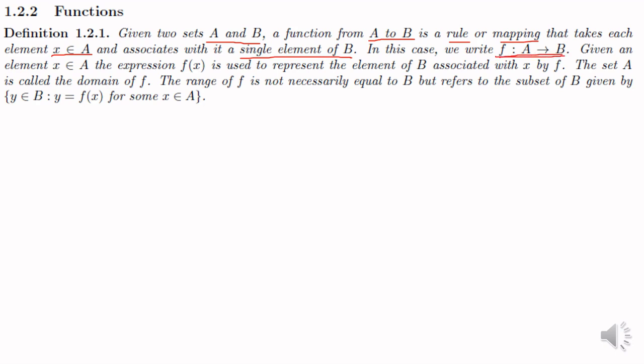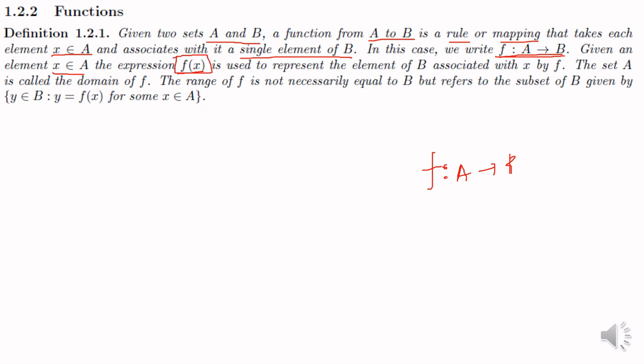If f is a function from A to B, we write it as f from A to B. Now, given an element x in A, the expression f of x is used to represent the element of B associated with x by f. That means f of x denotes the image of x under the function f.